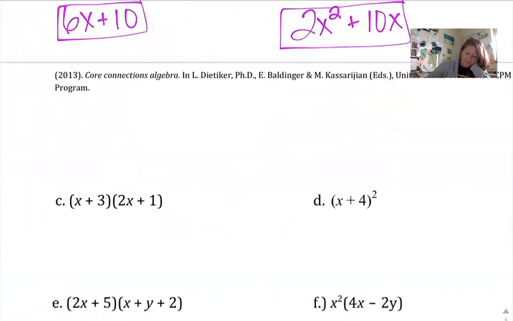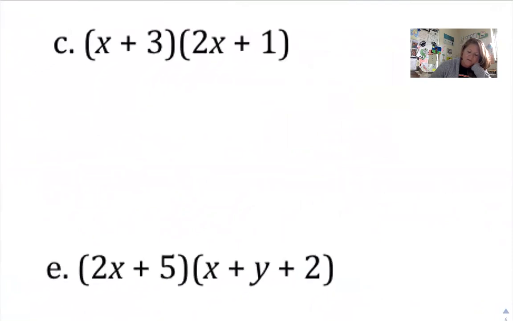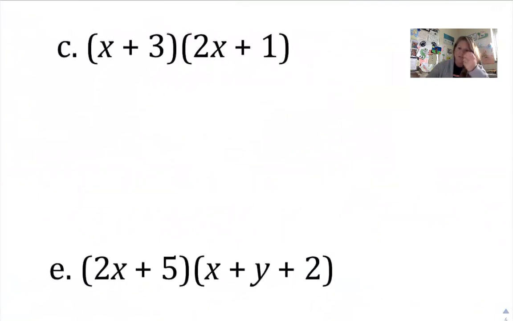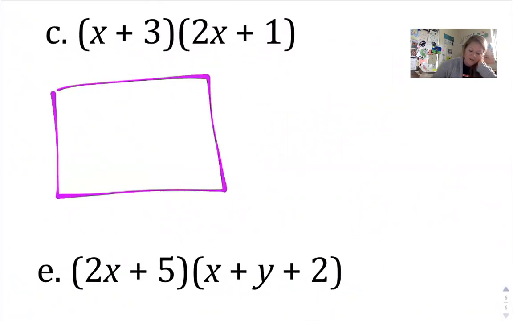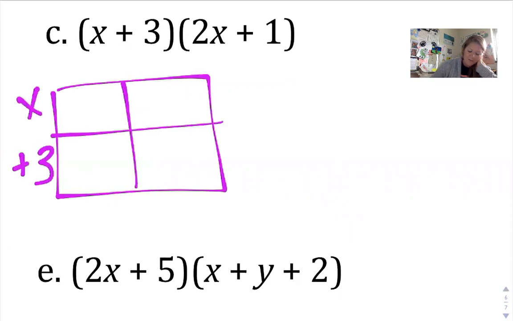Taking a look at part C, we have a parenthesis times a parenthesis, and there's a couple ways to go about that. First, I'm going to show you what we call the generic rectangle, which you may remember from years past. I'm going to put my first parenthesis on the side, and my second parenthesis below, and then we multiply to get the inside pieces. To find the top piece, we multiply x with 2x.